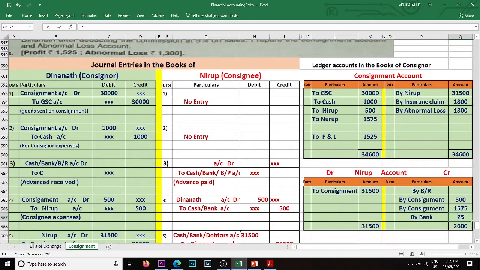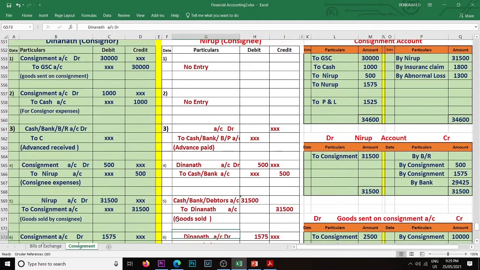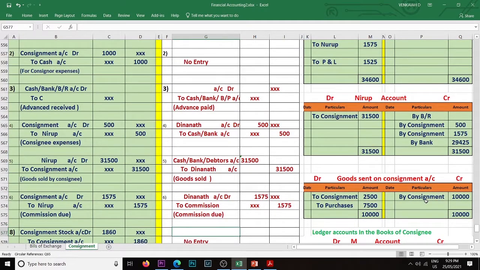This is the balancing method, okay? Nothing to worry. 2,500, 29,425. So we will complete the profit as well as the goods sent on consignment account.